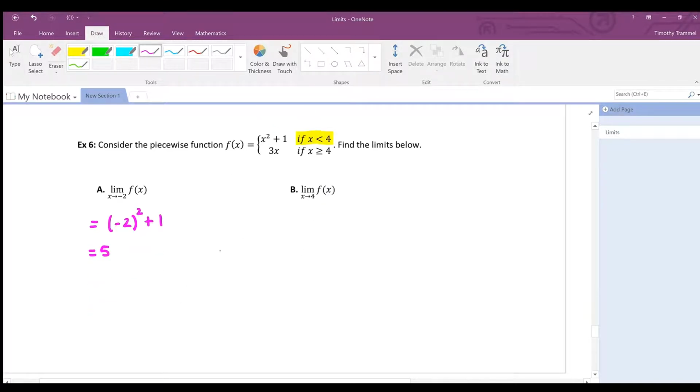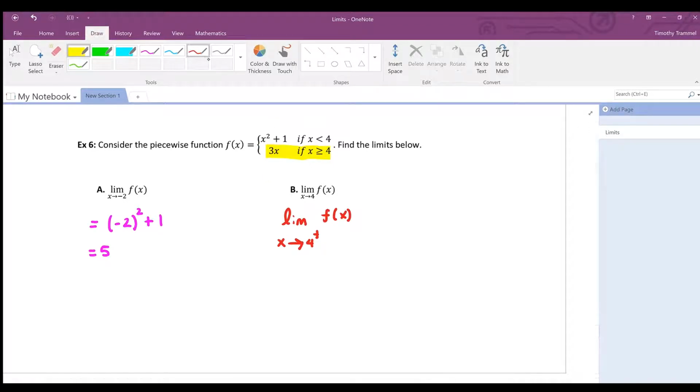And now for part B, we have this limit as x approaches 4. Like I said, this is potentially a problematic point, so we're going to need to be careful. Let's take both our left and right hand limits and see what they are. If we were to take our limit as x approaches 4 from the right of f of x, if we're coming from the right of x equals 4, that would mean we would be on this function right here, 3x.